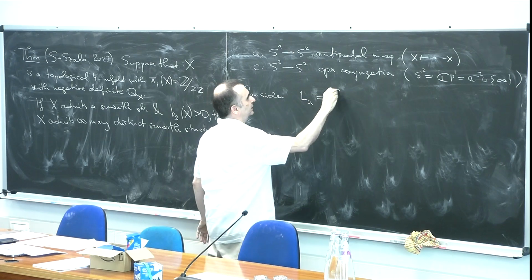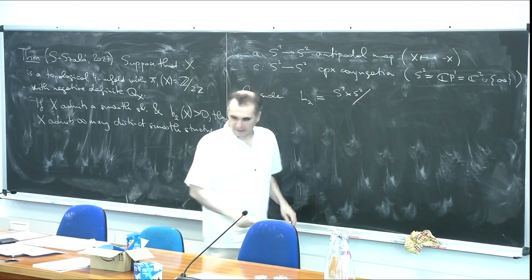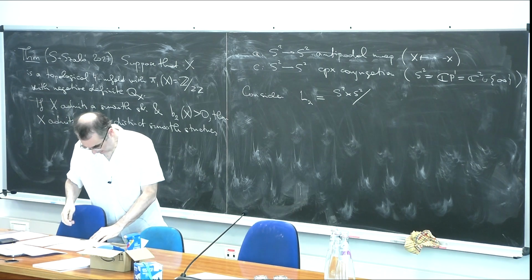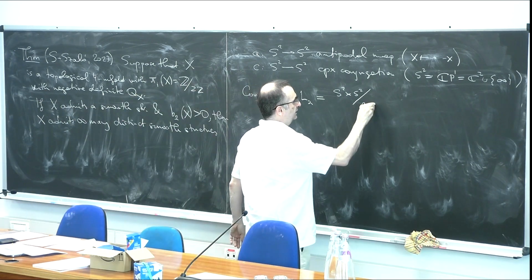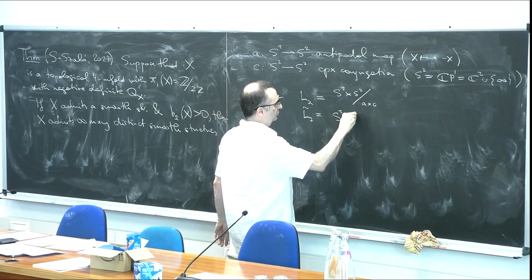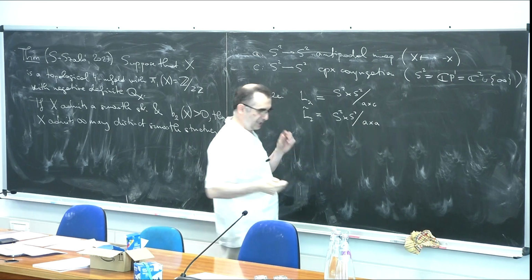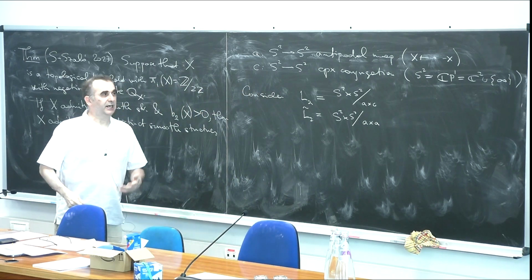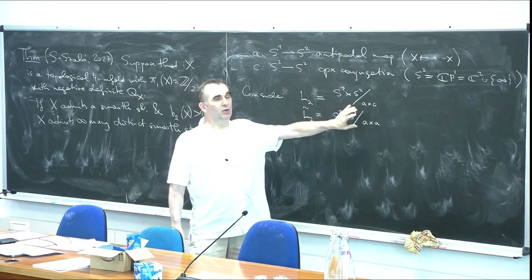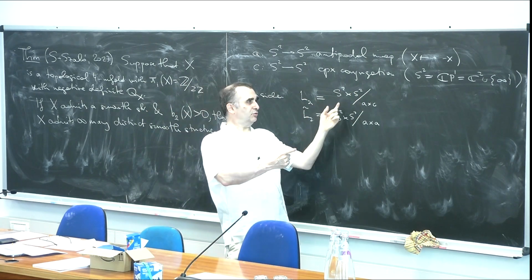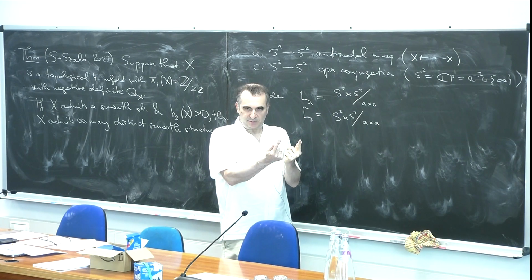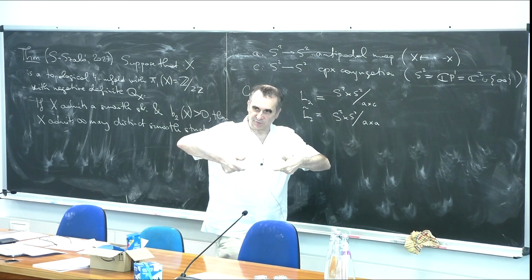Now consider L2 to be S2 cross S2 divided by A cross C, and L2 tilde to be S2 cross S2 divided by A cross A. So these are two four manifolds, S2 cross S2, and we have two involutions. In the first one, I apply the antipodal map on the first coordinate and complex conjugation on the second at the same time. So this is an order 2 self-diffeomorphism.